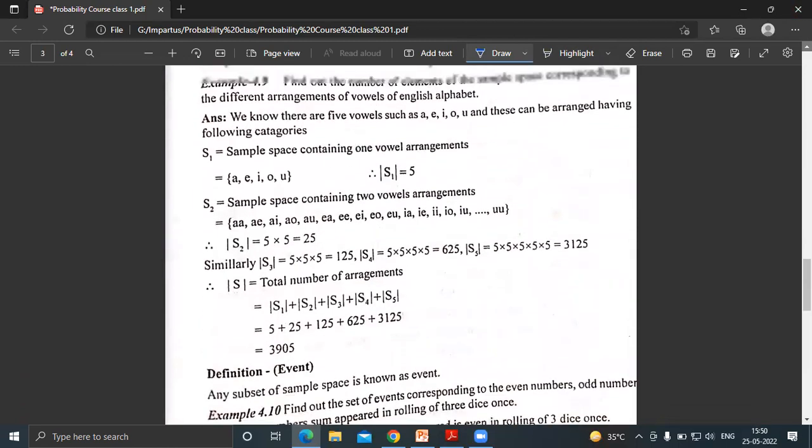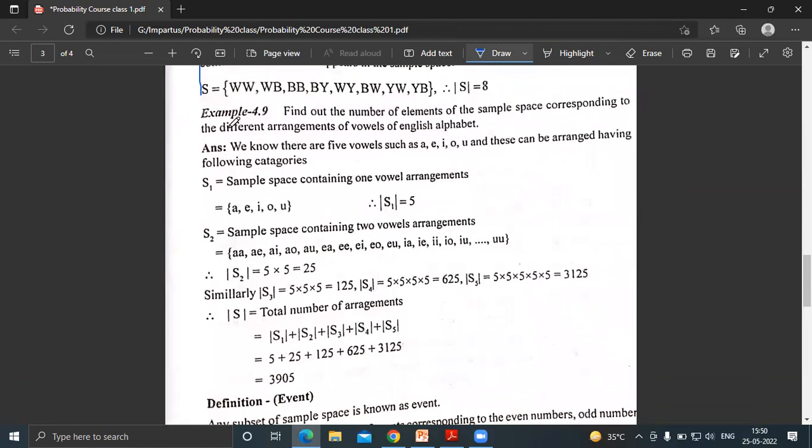Then comes another question, example 4.9: find out the number of elements of the sample space corresponding to the different arrangements of vowels of the English alphabet. How will you solve this type of problem?